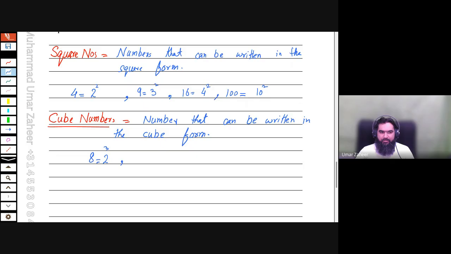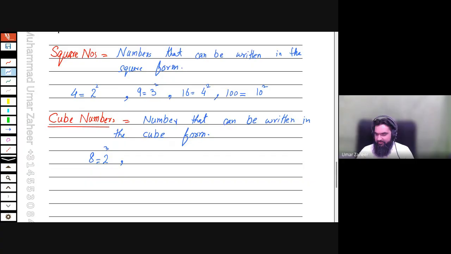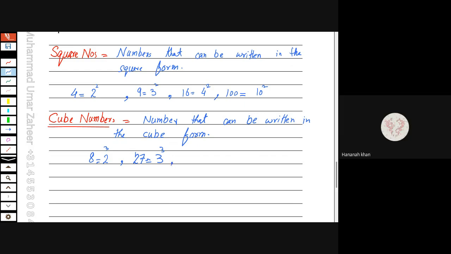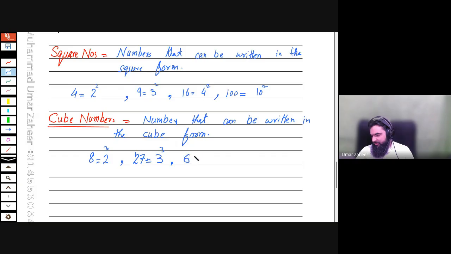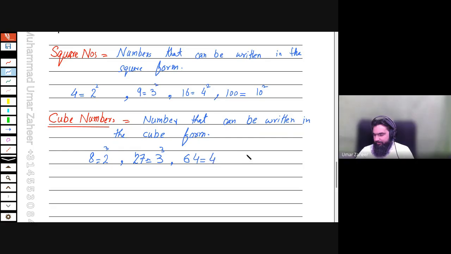Azizul, tell me any other cube number. 27. Yeah, 27 is the cube of 3. Yes, Hana, tell me the next one. 64. Yes, 64 is a cube number because it is a cube of 4.